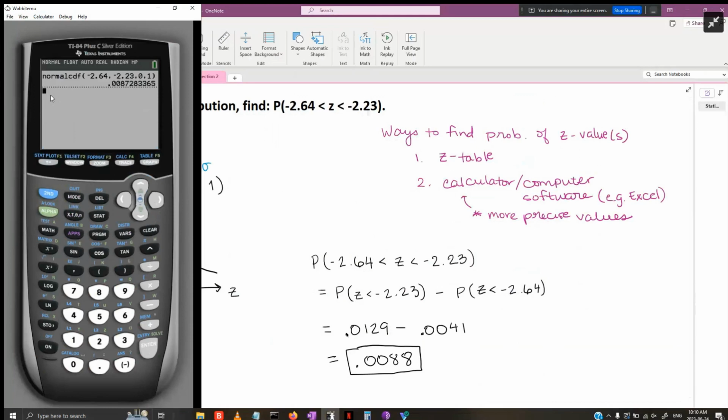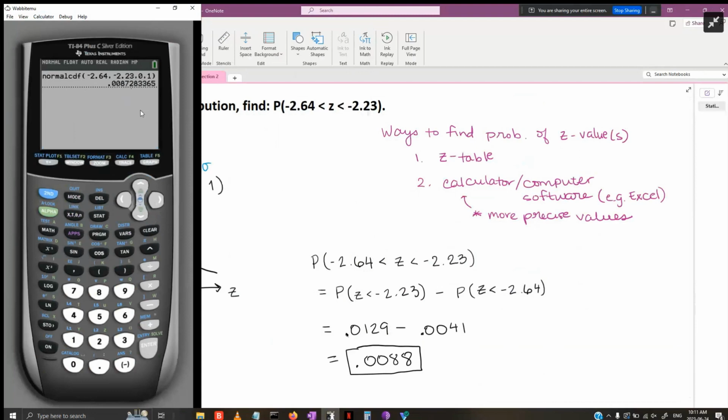And there's our answer. Let me see, can I zoom in? I can't, okay, that's fine. You should be able to still see it: 0.008728. It's not exactly 0.0088, but that's because when you use the z-table, you're dealing with approximated values. You're taking two approximated, rounded values and then subtracting them, and that's how you get 0.0088.